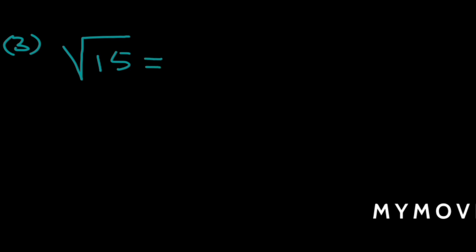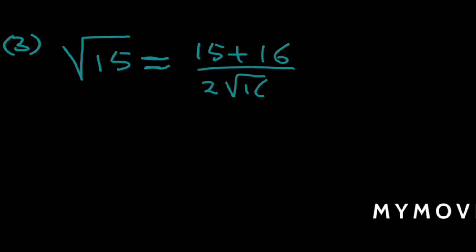So our example 3, let us find the square root of 15. It's going to be approximately equal to 15 plus 16, since 16 is close to 15, over 2 times the square root of 16.